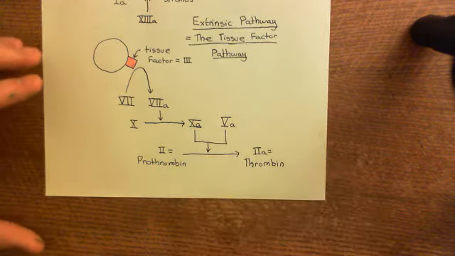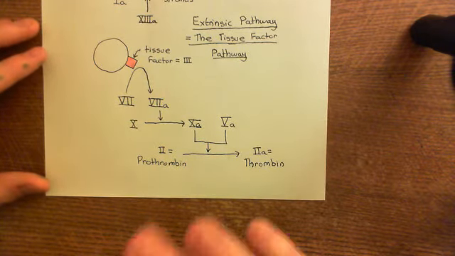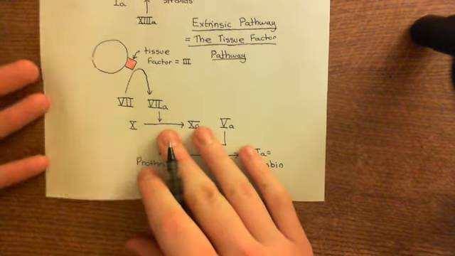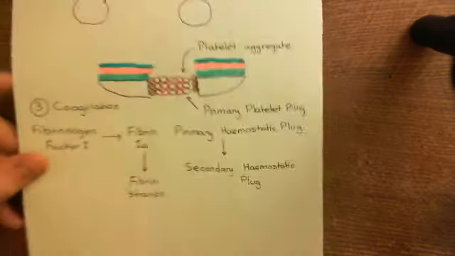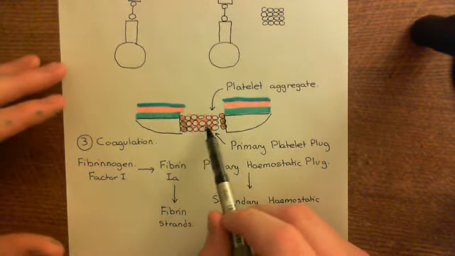Okay, so what's going to happen is that when you have this cut in the side of your blood vessel, you're going to get this activation of the coagulation pathway, and you're going to get loads of fibrin strands being produced. Okay, and this will be happening at the same time as you're getting the platelets aggregating together.